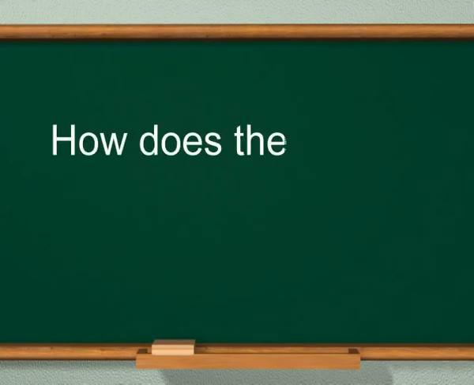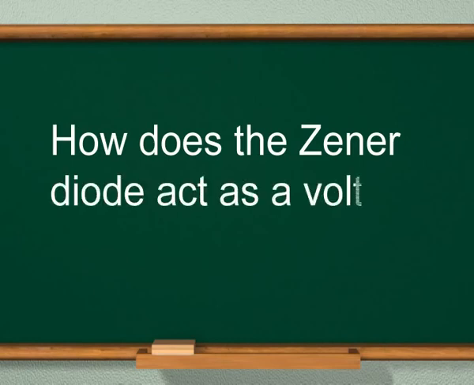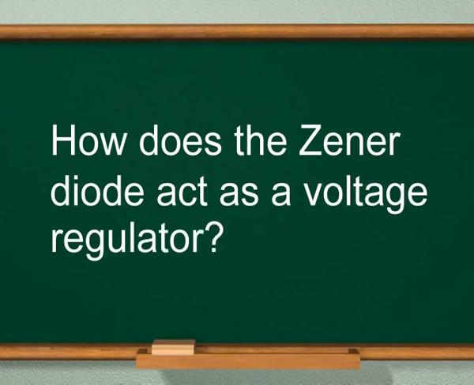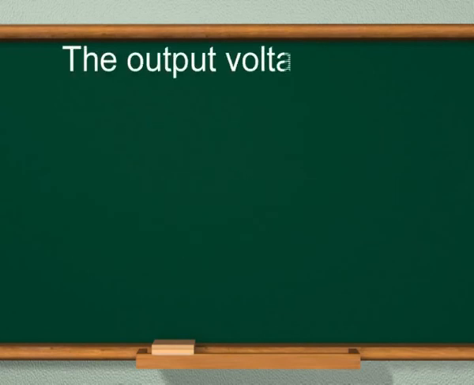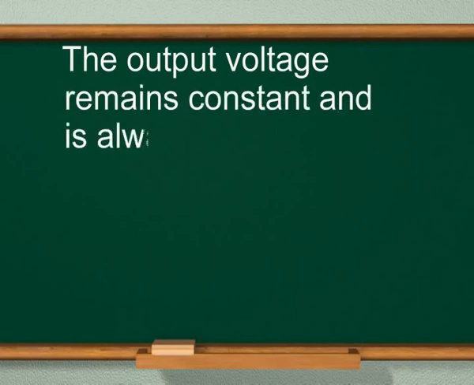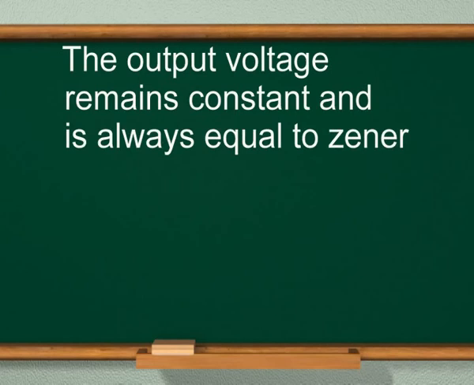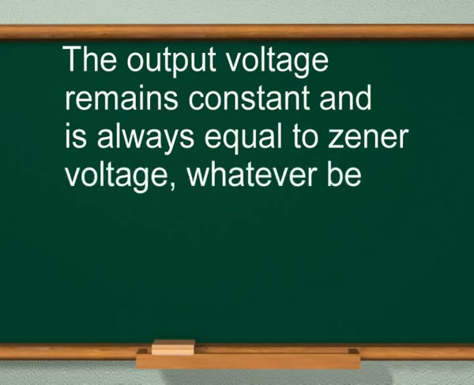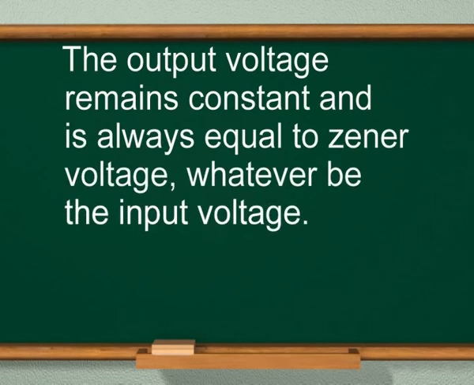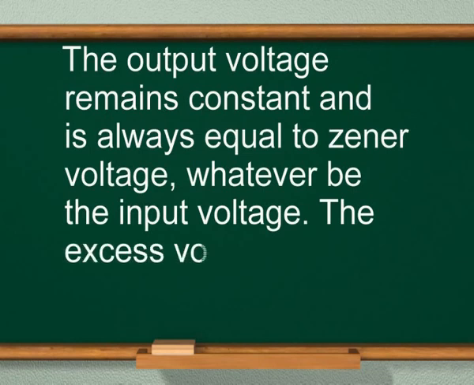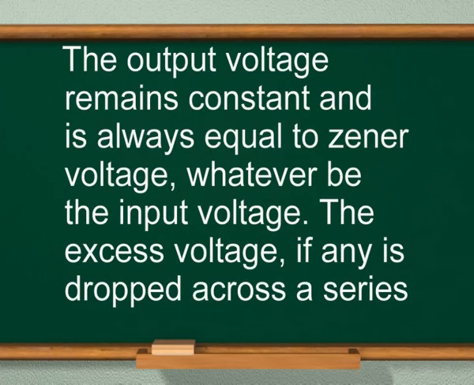The next question: how does the Zener diode act as a voltage regulator? The answer: the output voltage remains constant and is always equal to the Zener voltage, whatever be the input voltage. The excess voltage, if any, is dropped across a series resistor.